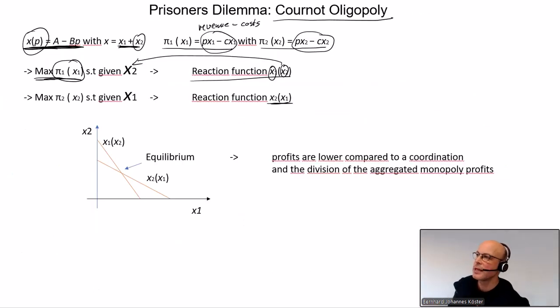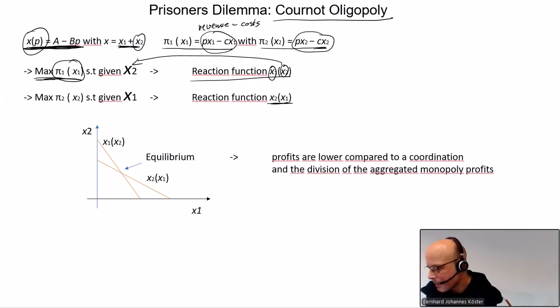If we assume linear costs here and also a linear demand function, then we can show that the reaction functions are linear. I don't know if you have done an example, maybe in microeconomics, that we have falling reaction functions given the quantity of the other competitor, and that then again the cut of the two reaction functions is the equilibrium.